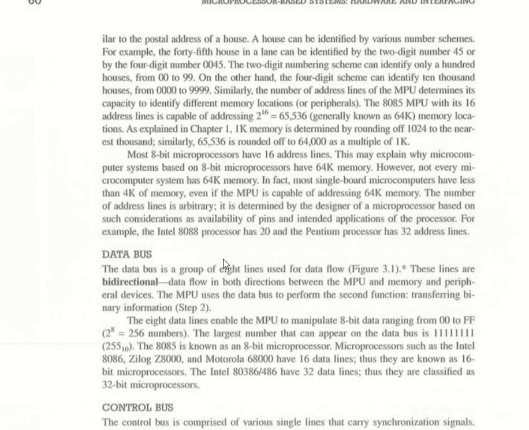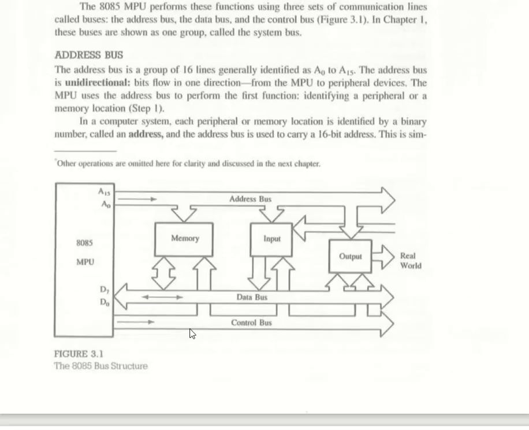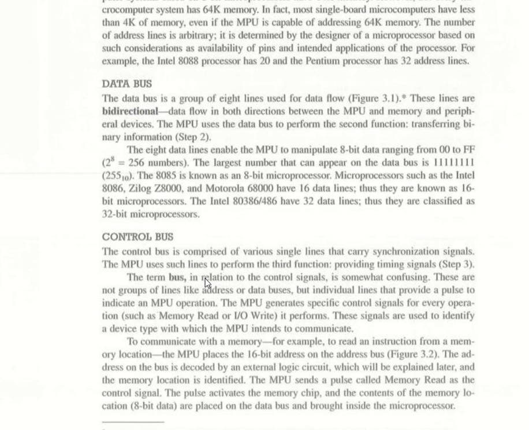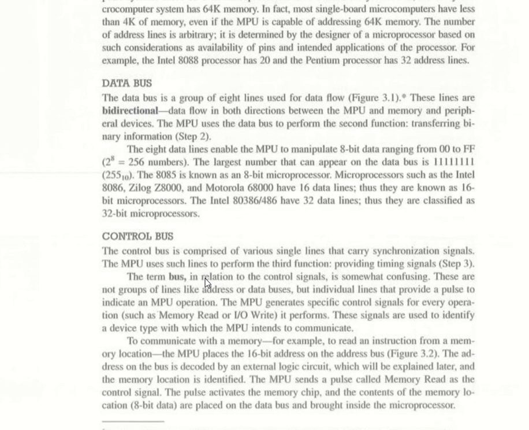Now let's come to the data bus. Data bus is a group of 8 lines used for the flow of data. And as we saw here, the data bus is bidirectional. It takes and gives data to memory and input. For output it's unidirectional for obvious reasons, because output doesn't give you anything back.